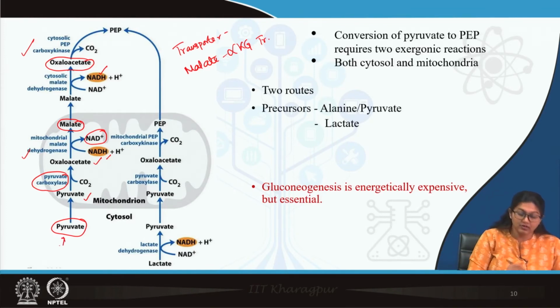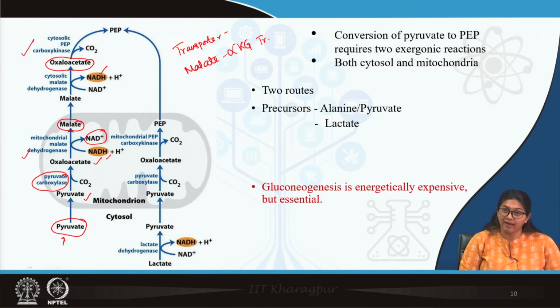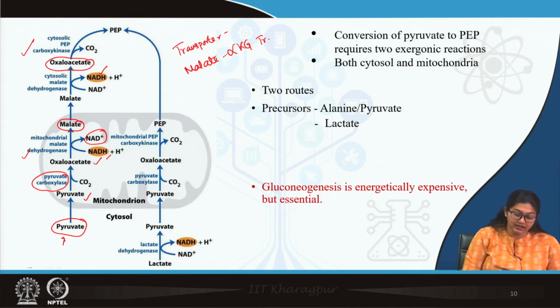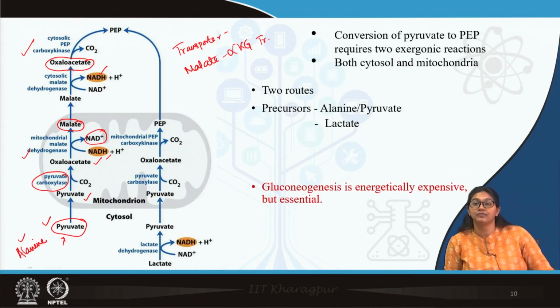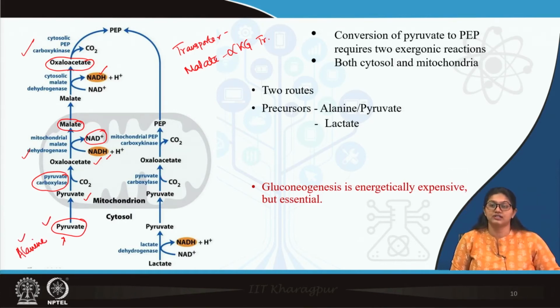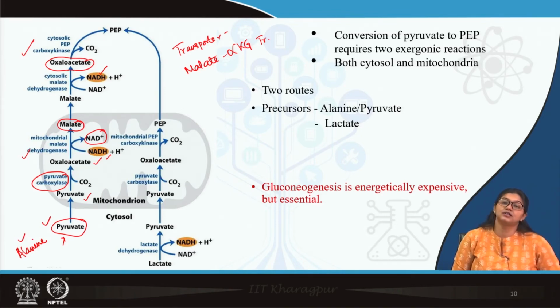Where there is formation of malate, that is required when alanine or pyruvate itself is the source of neoglucogenesis or source of phosphoenol pyruvate. Whereas, in case of lactate, where lactate is the precursor for phosphoenol pyruvate, it does not involve formation of malate.